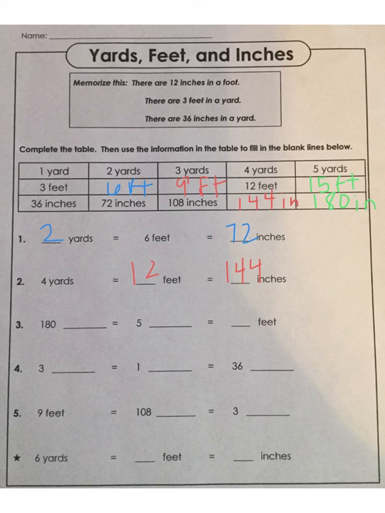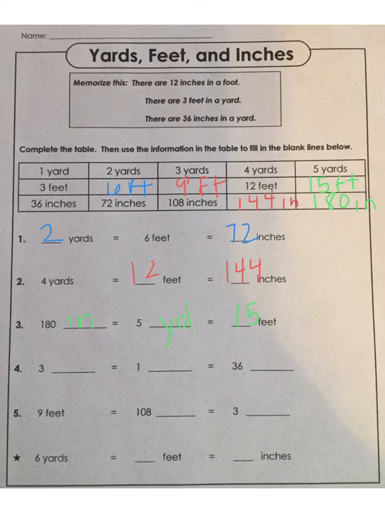So when I look at my chart, the only thing I see I had 180 of was inches. So 180 inches, and that was equal to 5 yards. And then that was also equal to 15 feet.